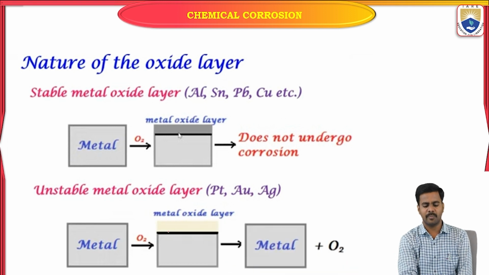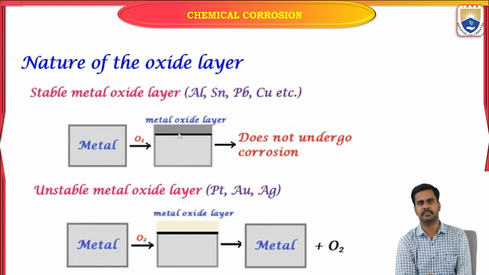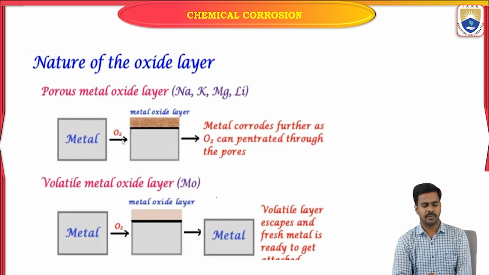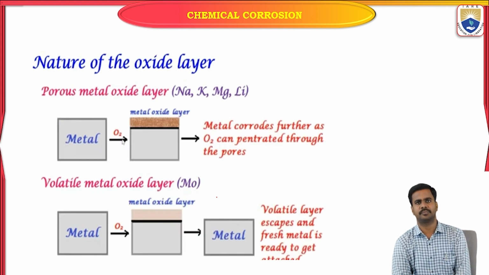Because whatever metal oxide layer is formed on the surface of the metal is very unstable and immediately decomposes into metal and oxygen. So this type of unstable metal oxide layer is formed by the attack of oxygen on platinum, silver, and gold surfaces.